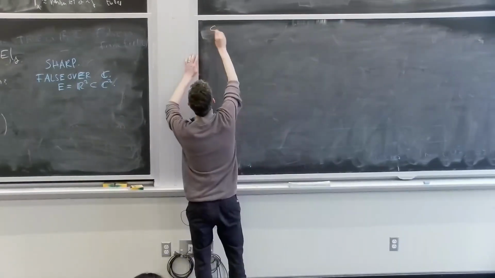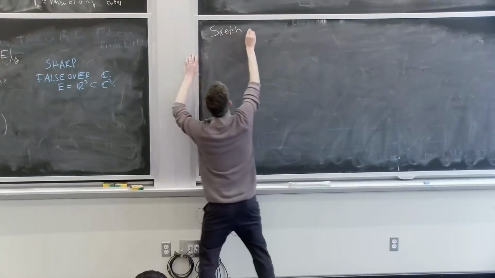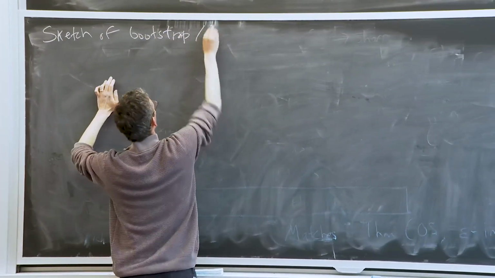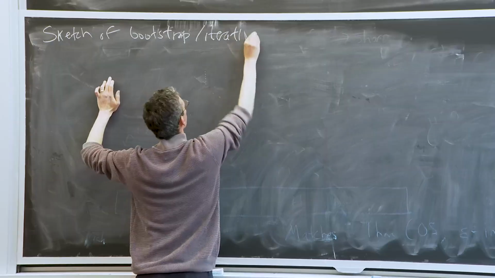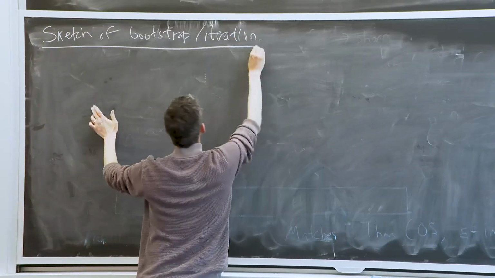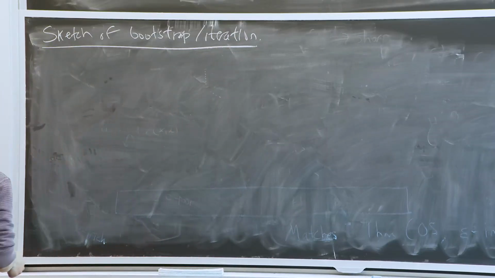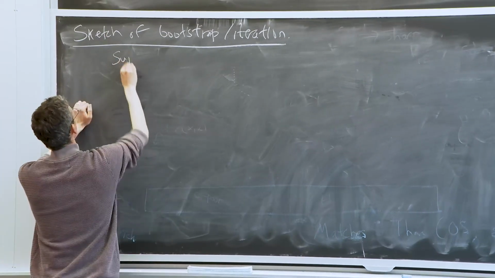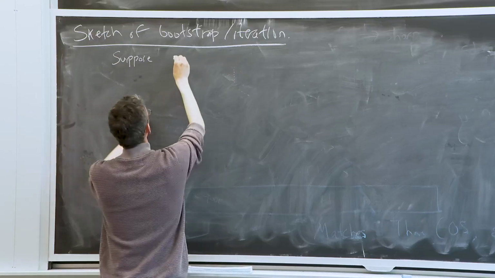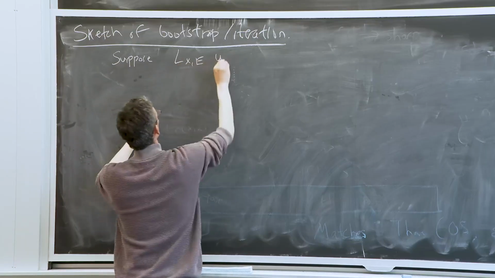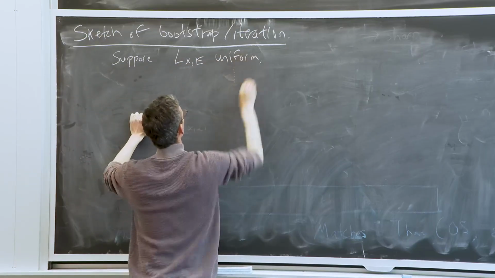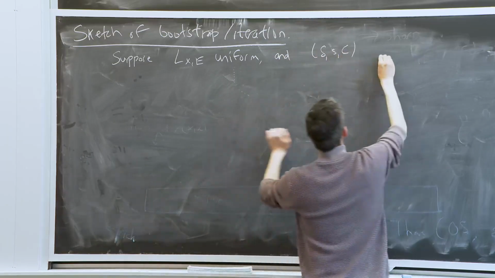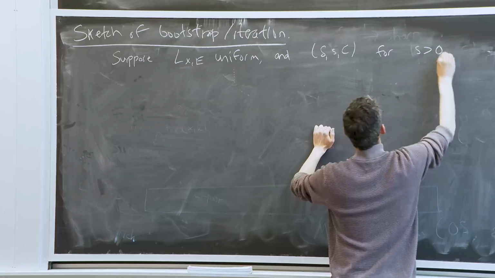All right, so let's do a sketch of this bootstrap iteration. So we're going to suppose that LXE, first of all, is uniform, and also that it is delta SC for some s which is bigger than 0.